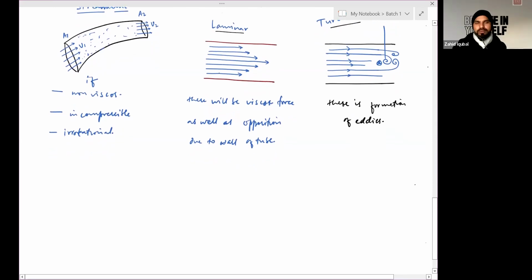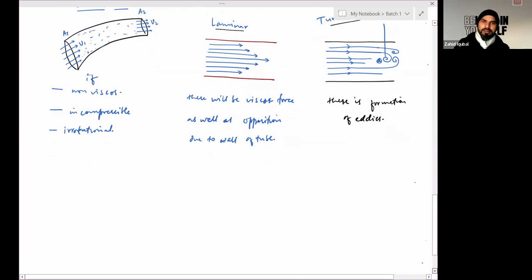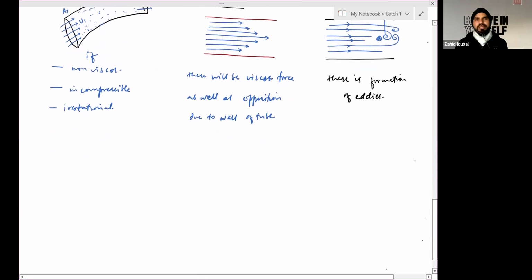Now, how to define these types of flow, streamline, laminar, or turbulent? To define it, let me define you a number on the basis of which we may distinguish different types of flow. Reynolds number.